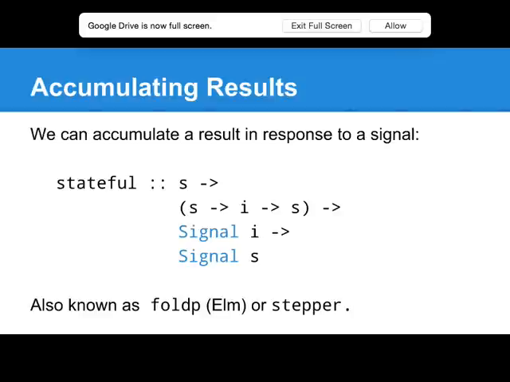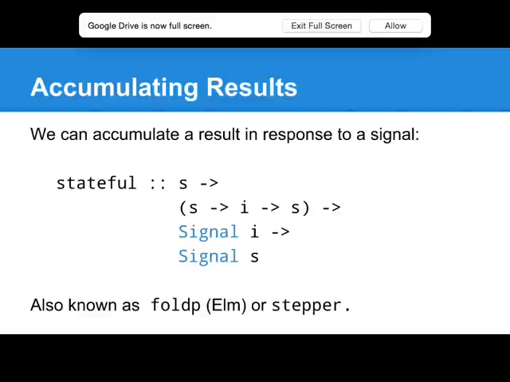So the idea is that I want to create a signal that varies with time and returns some state of type S. And I've been given the signal of inputs of type I. We're thinking at this point of I as being a discrete signal, so it's going to fire in discrete events.